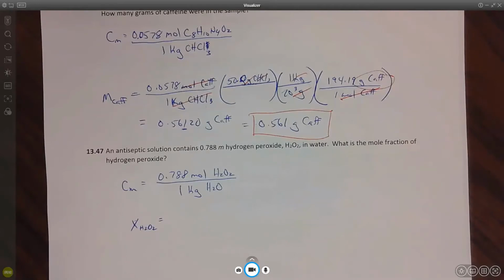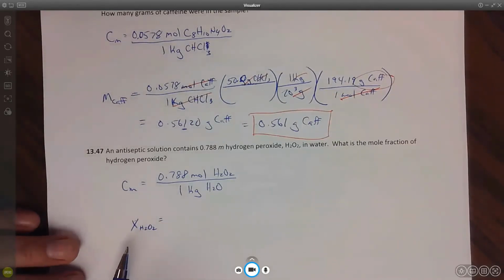Remember, I just want an equation. Would it be with the H2O on top and the hydrogen peroxide on the bottom? No. Does anybody want to help her?